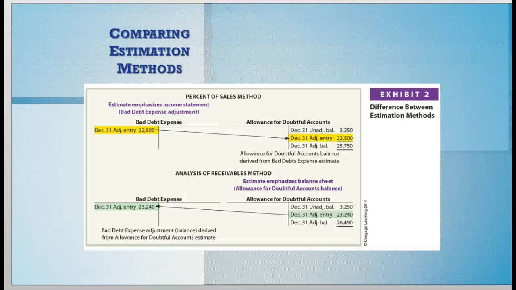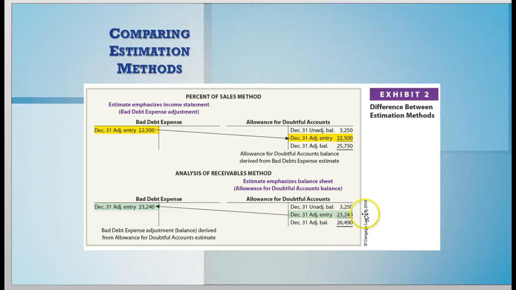And finally, here's a comparison of the two. This is the percent of sales. Okay, this is already sitting in there, and you're just going to add to it, so you'll have an adjusted balance of $25,750. In this one, this $3,250 is included in the aging already of the $23,340.